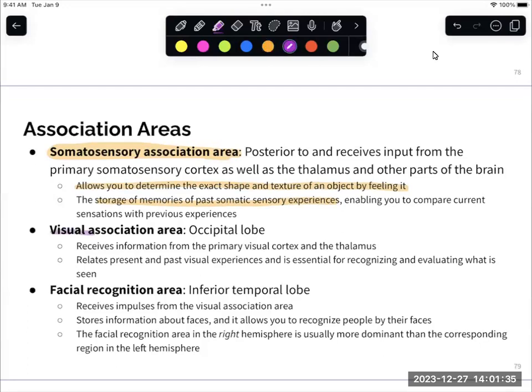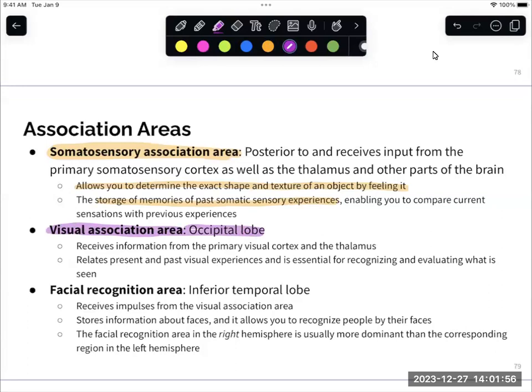We have a visual association area found in that occipital lobe. This association area lets you know what you are looking at. So information goes into the primary visual area to let you know you're looking at something.